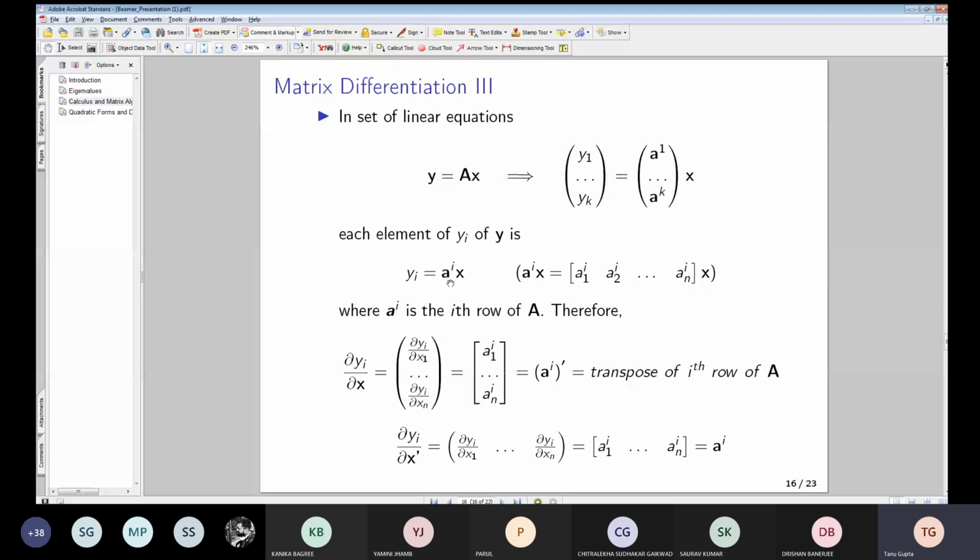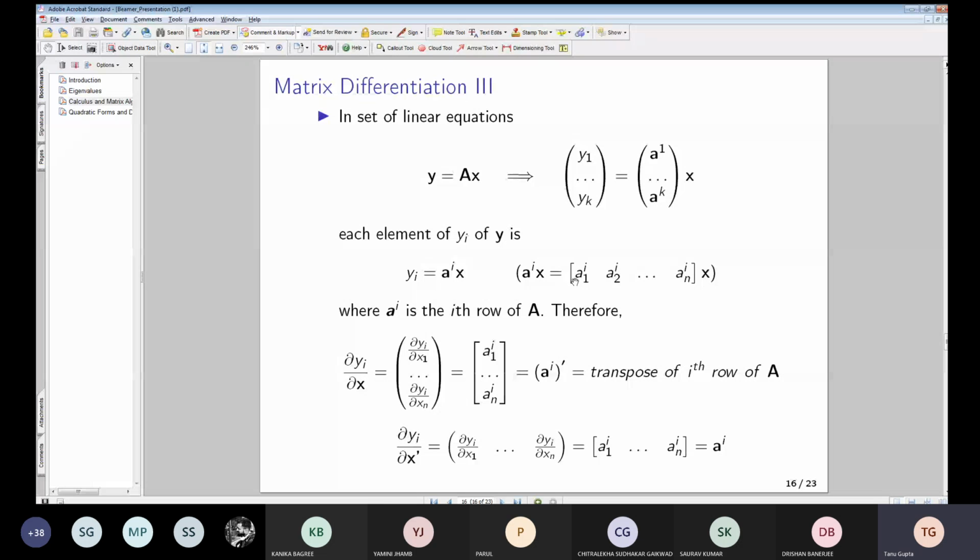We are talking about each equation in this system of equations. y1 is the first row multiplied by the column vector, y2 is the second row multiplied by this column vector, and the kth one is the last row multiplied by the column vector. So in general, yi can be written as Ai x.